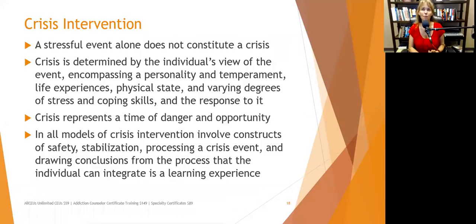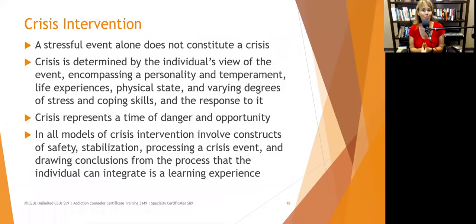A crisis represents a time of danger and opportunity. It's another thing you probably need to remember. The danger is the person could go further into crisis and become suicidal or homicidal. The opportunity is the fact that people, when they're in crisis, need that crisis to stop, that it's an untenable thing to maintain.